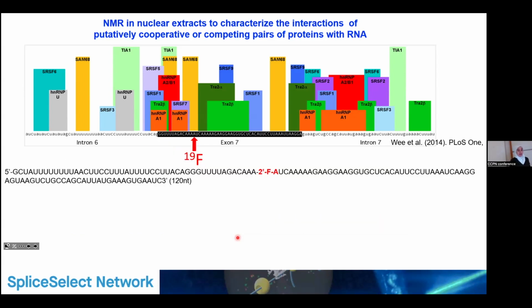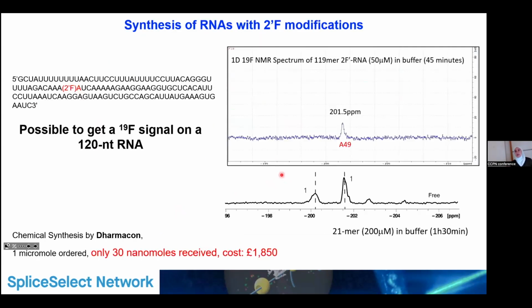So to confirm this, we just ordered this RNA of 120 bases with the same position as in the small oligomer of 21 nucleotides, the A20, but here it's A49 because the RNA is bigger. And we wanted to analyze it by NMR. They were able to make it, and they sent it to us, and we analyzed it.